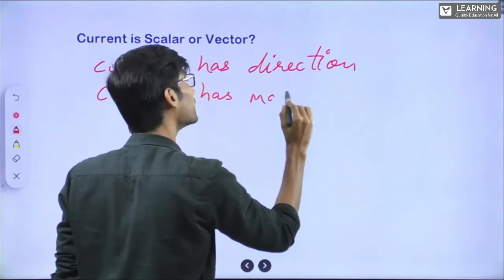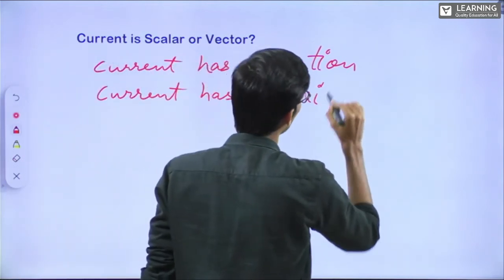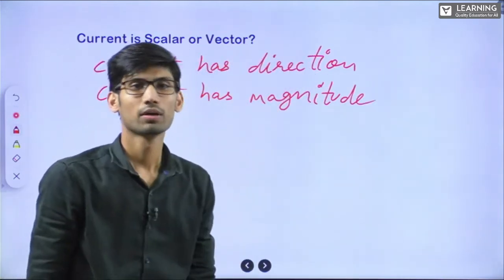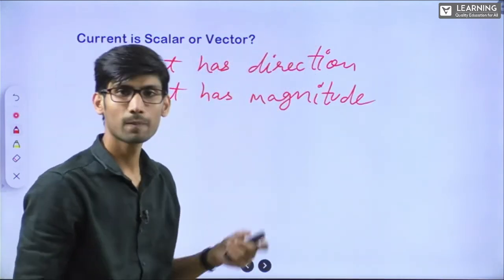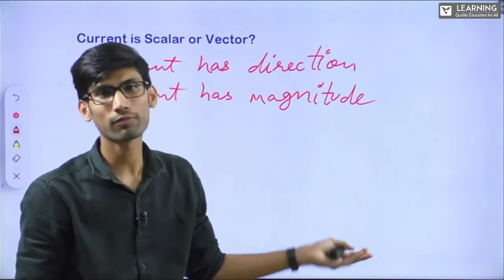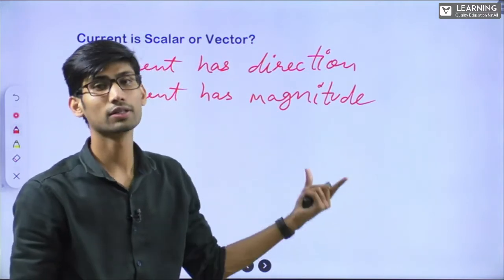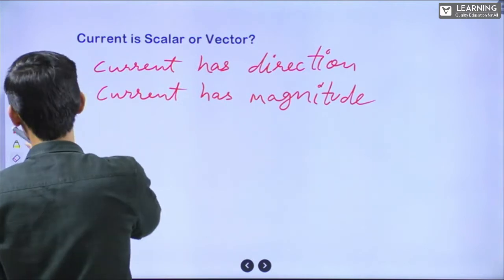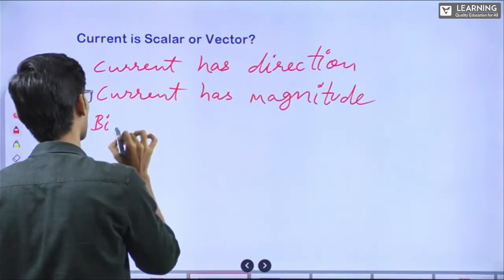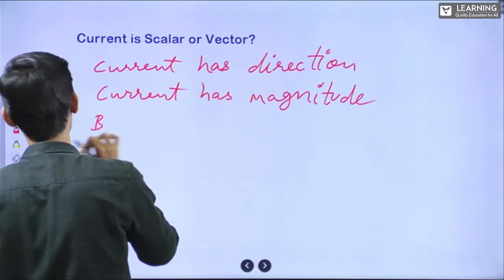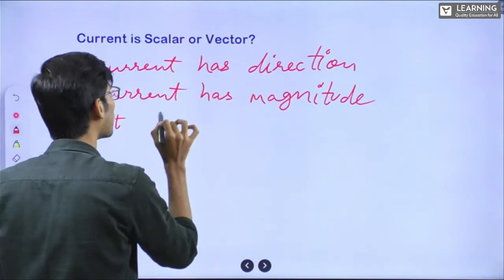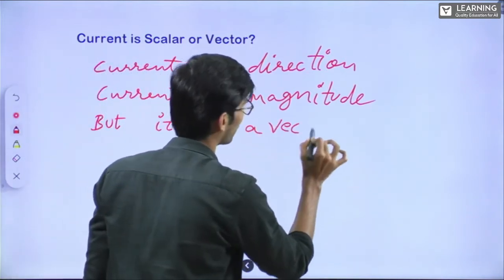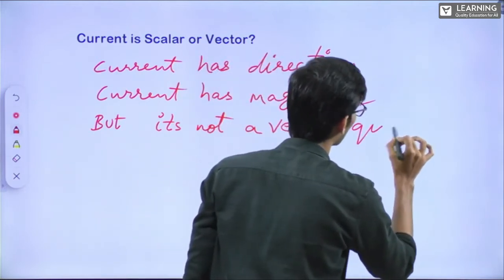But in your 10th standard, you studied that current is a scalar quantity, right? Why? Because in spite of having direction, it does not follow vector law of addition, right? It does not follow vector law of addition, so it's not a vector quantity.